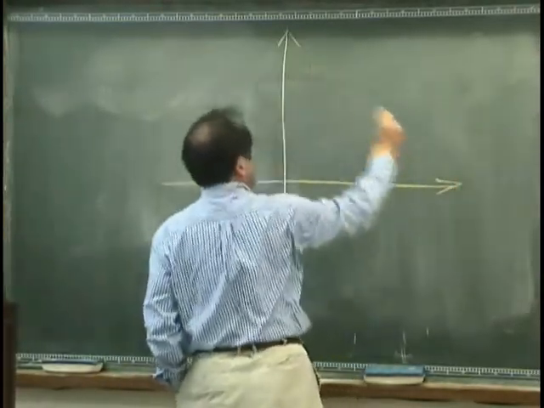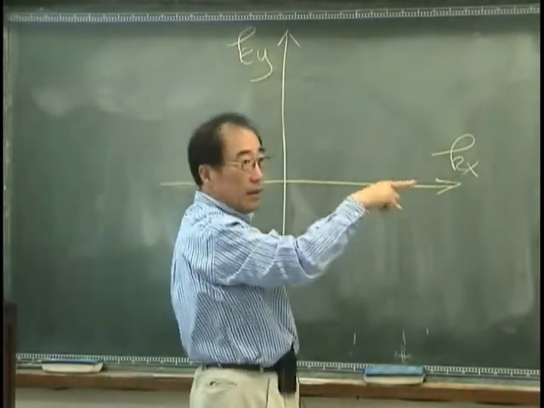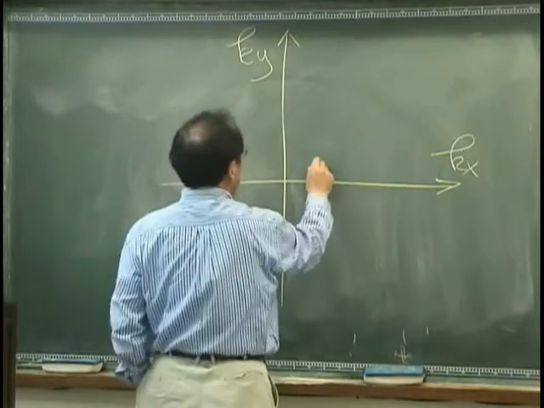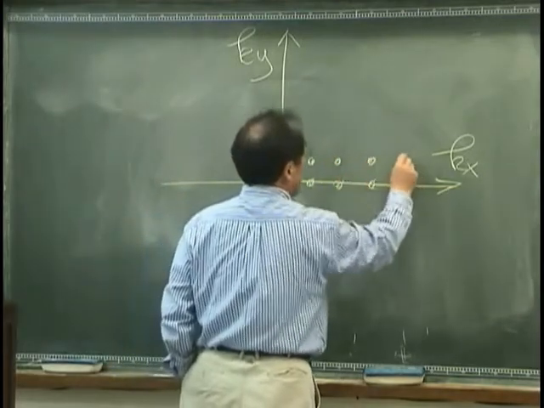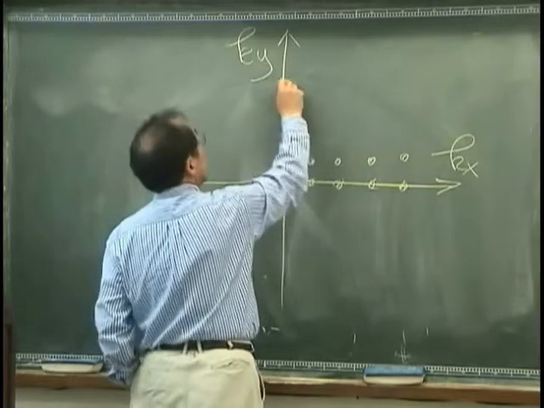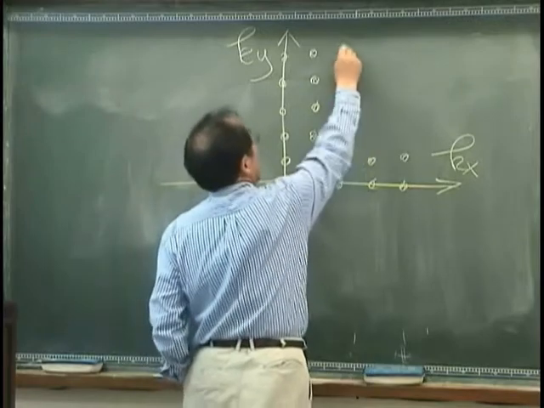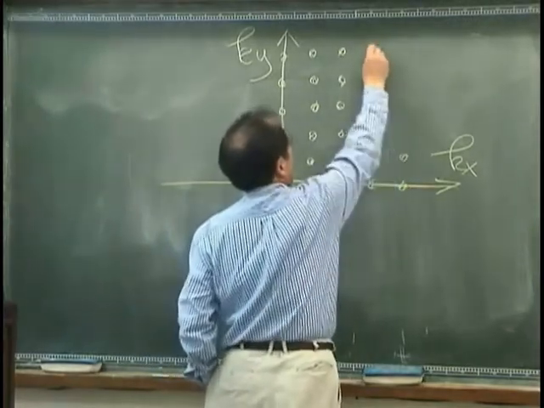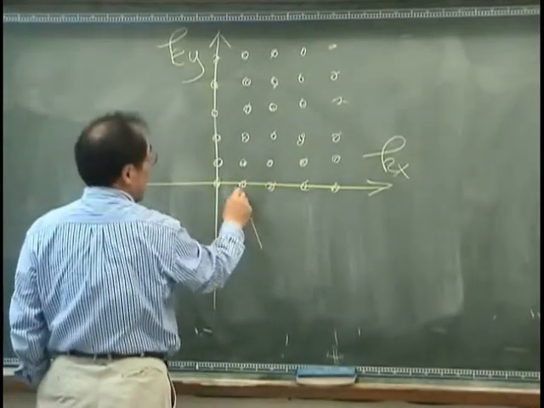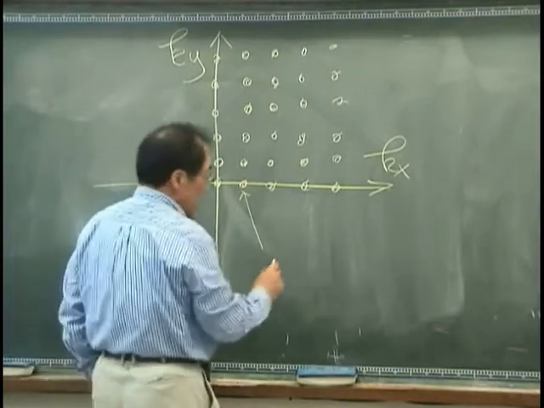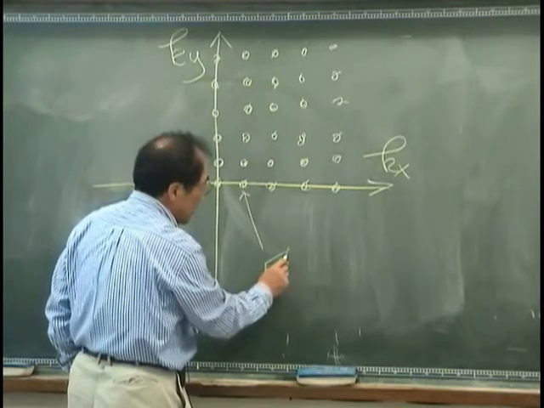The wave number graph is Kx, Ky, and that means I have discrete points. And for example, the mode shape of this one is like this.